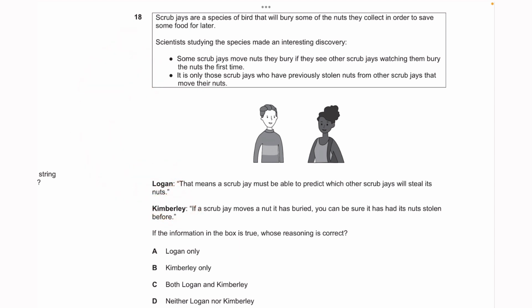So let's highlight the important pieces of information here. So scrub jays are a species of bird that will bury some of the nuts they collect in order to store food essentially. And what's more important, boys and girls, is these 2 points here. It says that some scrub jays move nuts they bury if they see other scrub jays watching them bury the nuts the first time.